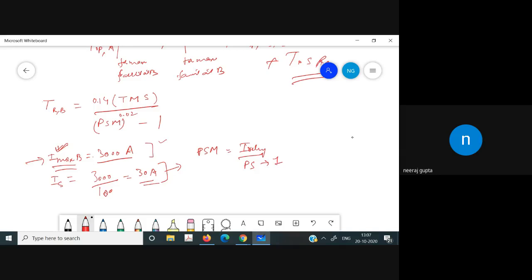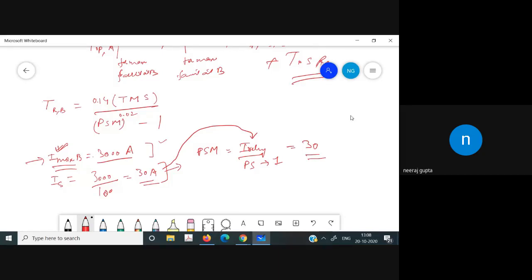And I relay is the current which is seen by this particular relay. It is the secondary fault current, that is, the fault current which is reflected on the secondary. So finally, we are getting the PSM of 30.